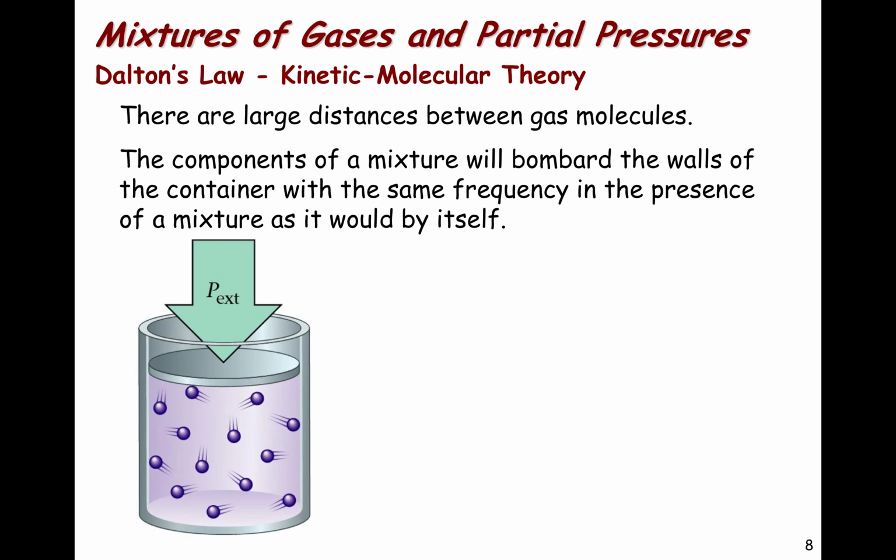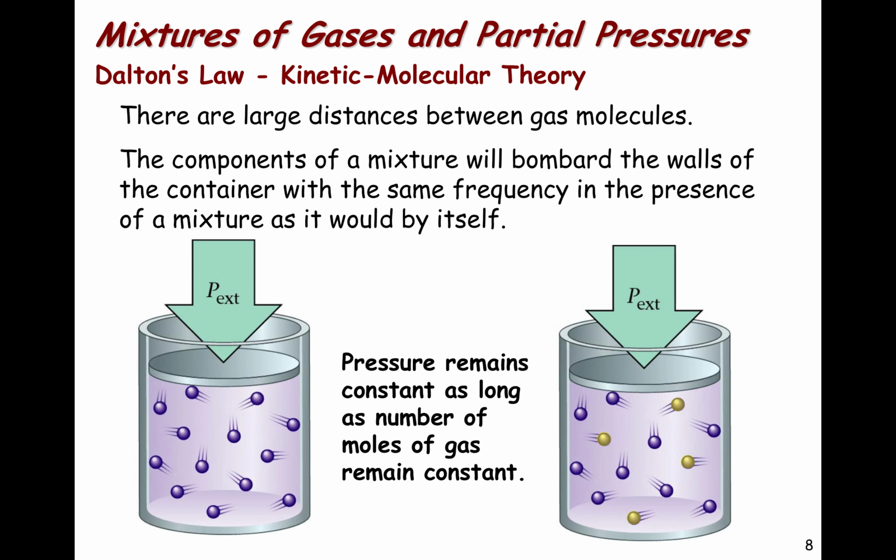So if we have a pure substance in the gas phase in a container that has a total pressure equal to the external pressure, as you see here, that would be exactly the same as an equal number of moles of a mixture of more than one gas, when the total pressure on the inside and external are also the same.